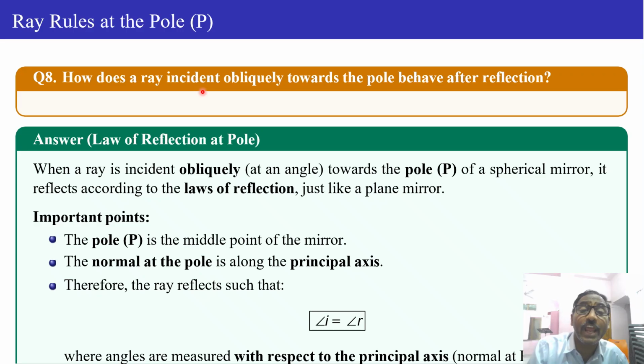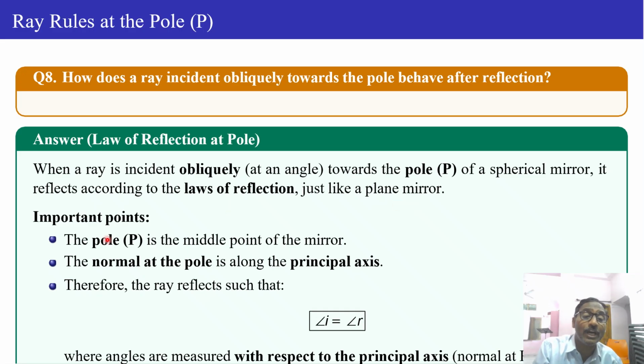So, how does a ray incident obliquely towards the pole behave after reflection? Law of reflection at pole. When a ray is incident obliquely at an angle towards the pole P of the spherical mirror, it reflects according to the law of reflection, just like a plane mirror.